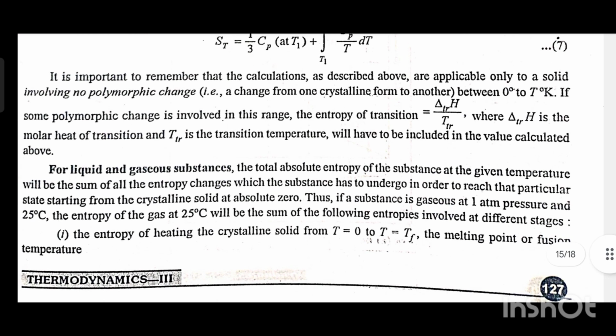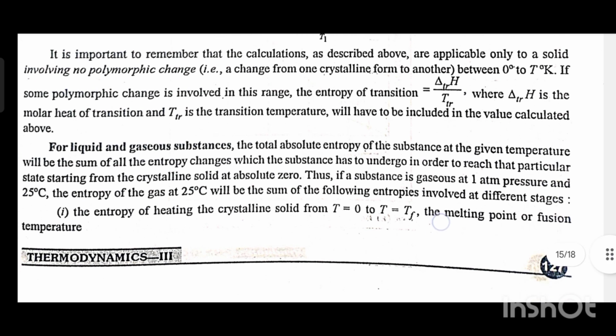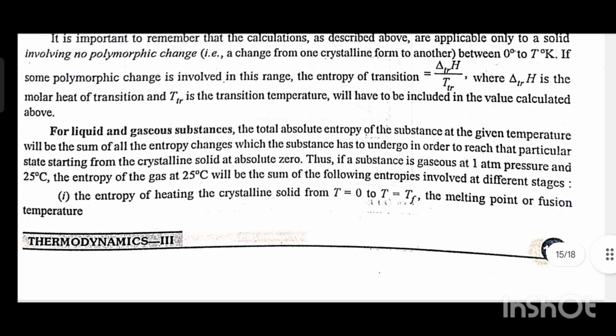Equation 7. It is important to remember that the calculations as described above are applicable only to a solid involving no polymorphic change, that is, a change from one crystalline form to another, between 0 and T degrees Kelvin. If some polymorphic change is involved in the range, the entropy of transition, delta H(tr) upon T(tr), where delta H(tr) is the molar heat of transition and T(tr) is the transition temperature, will have to be included in the value calculated above.